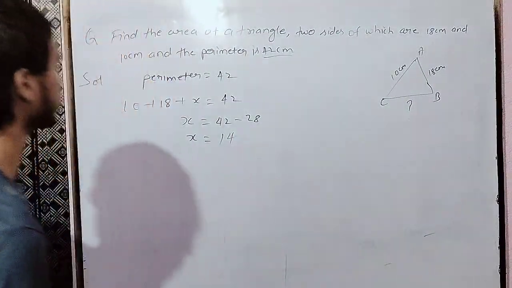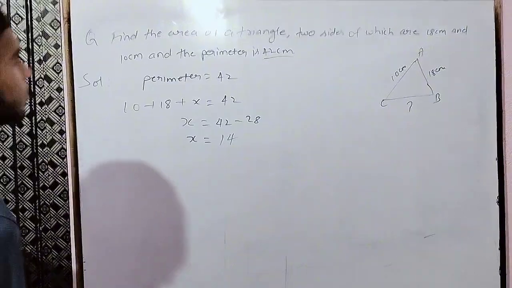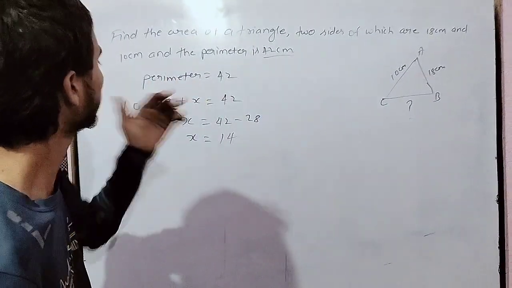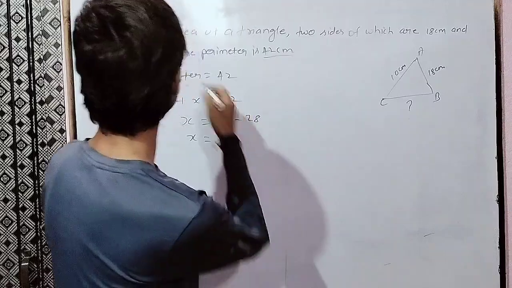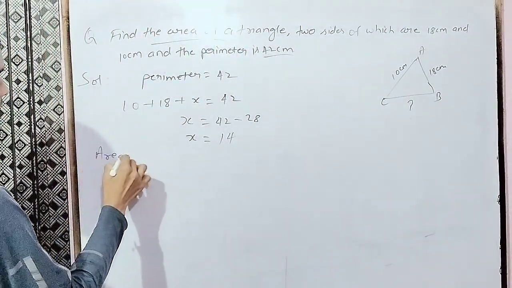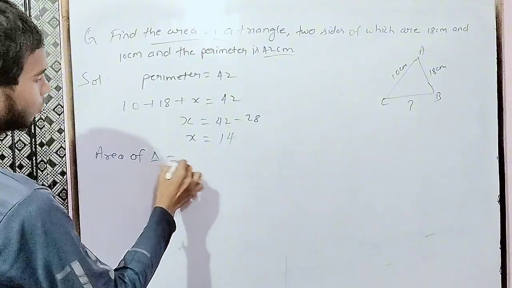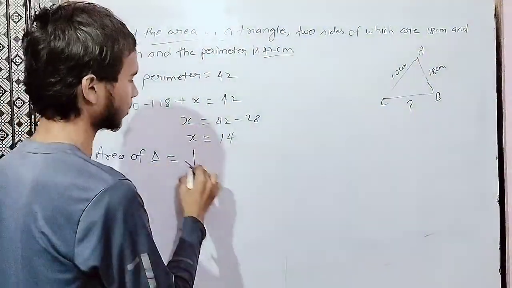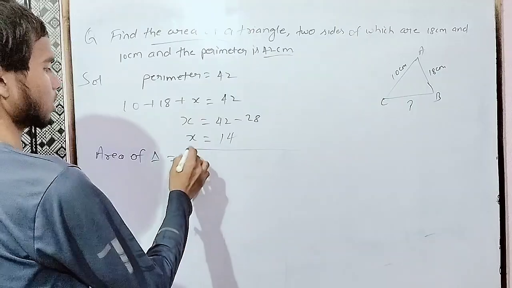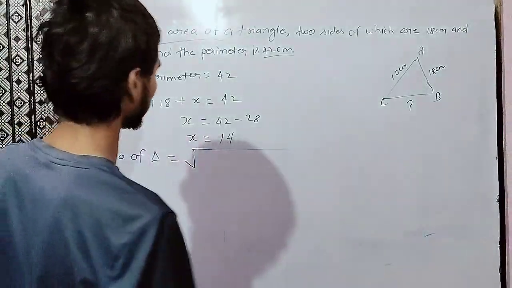So x is 14. Now the question is saying find the area. The area of a triangle would be how much? We will apply Heron's formula because the context is about it.